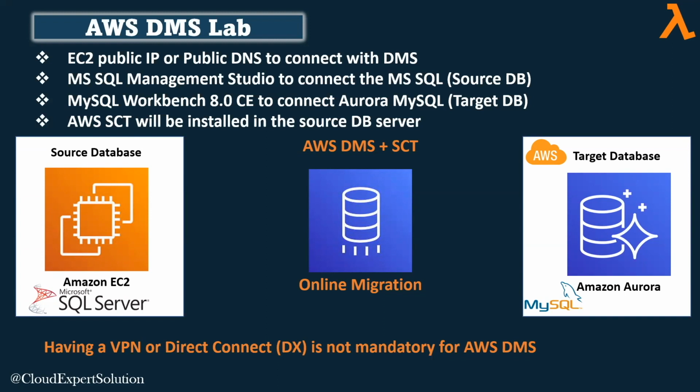But having a VPN or Direct Connect connection is not a mandatory requirement to migrate your data or schema using DMS and SCT. Now let's see everything in action. From this point, I'll move to the AWS Management Console and continue there.